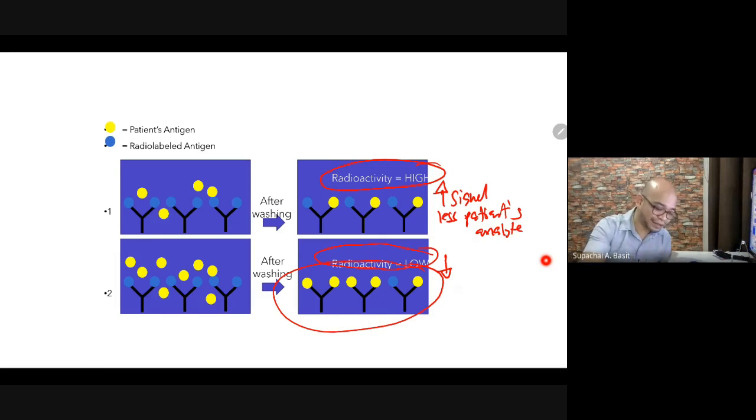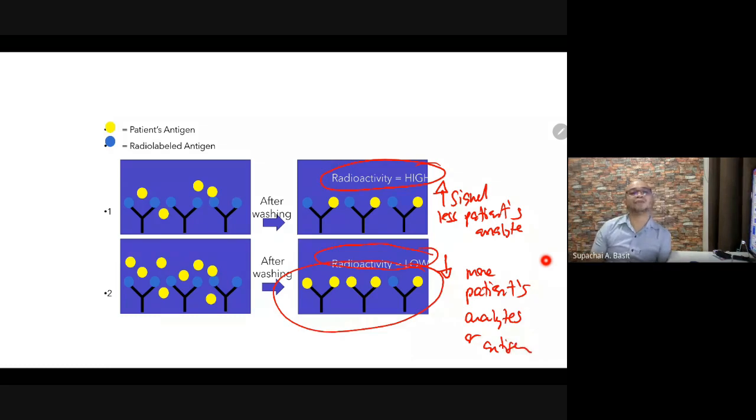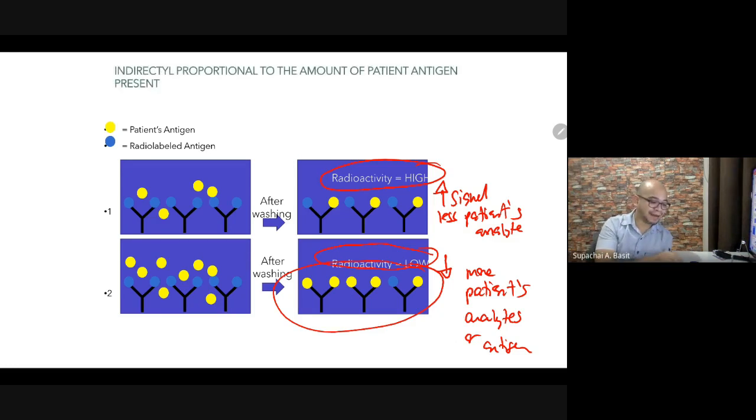Low signal means more patient's analyte or antigen. Okay, so that's the basic principle of radioimmunoassay. So this is an example of competitive binding. The radioactivity is inversely proportional to the amount of patient's antigen present.